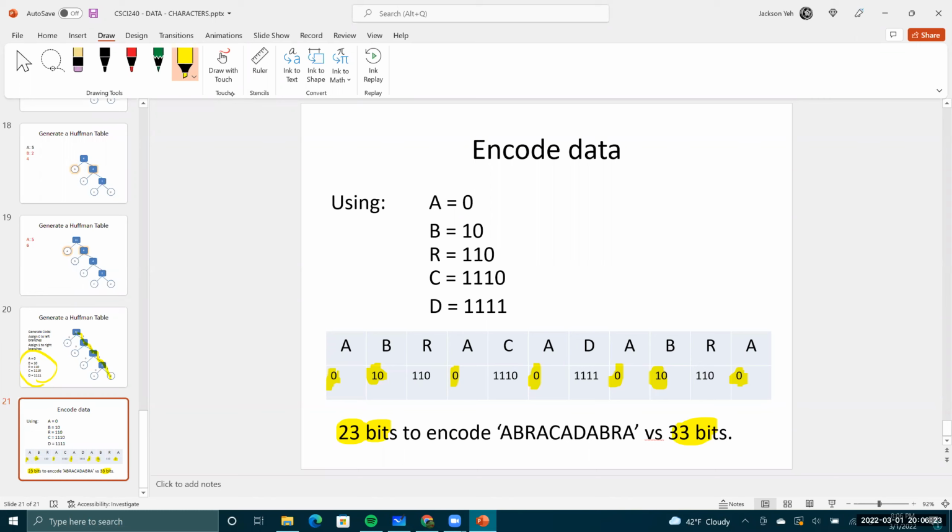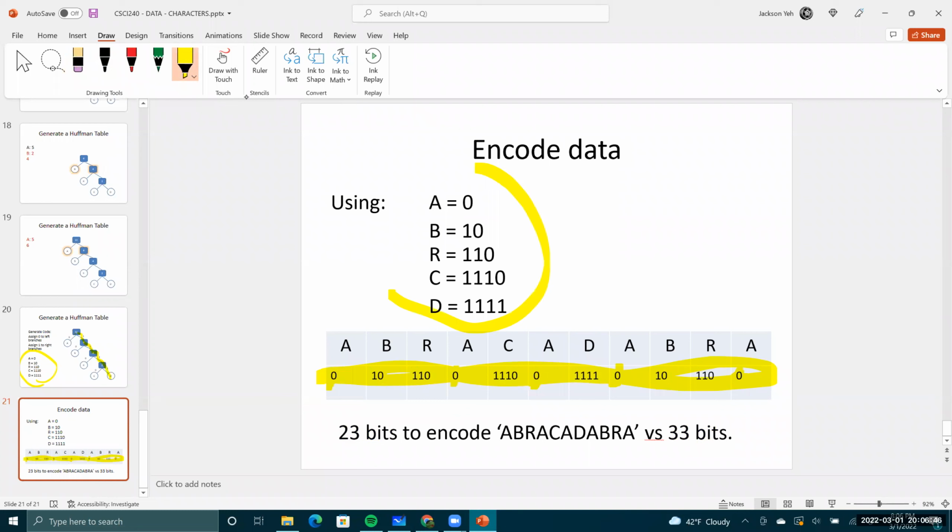Yes. Okay, fantastic. All right, so one key thing about any encoding is that once it gets encoded, if we save this to a file, how do we know it's abracadabra? Because it's no longer ASCII, it's no longer Unicode.